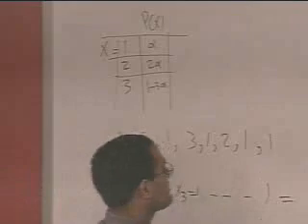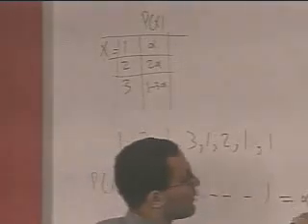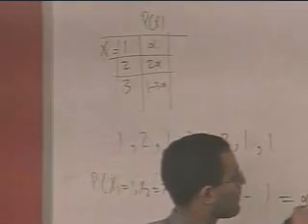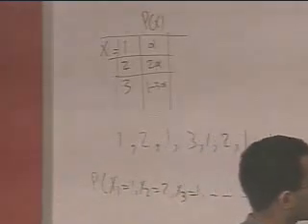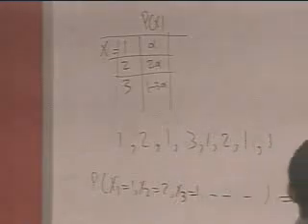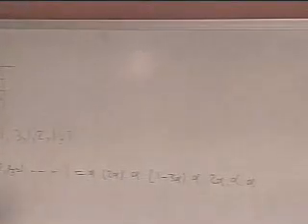So what's the probability of x1 equals 1? It's alpha. 2 is 2 alpha. 1 is again alpha. 3 is 1 minus 3 alpha. 1 is alpha. 2 is 2 alpha. 1 is alpha. 1 is alpha. So this is the probability of this event happening.